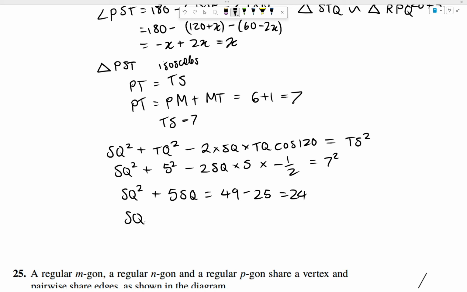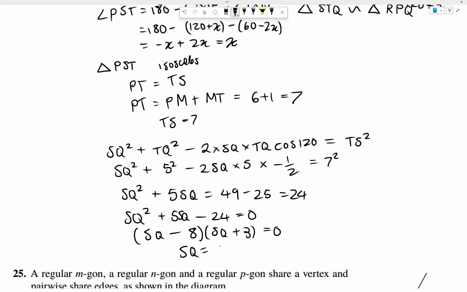So SQ squared plus 5SQ minus 24 is 0. And then we can factorize this to (SQ minus 3)(SQ plus 8) is equal to 0. And because SQ is a length, it has to be positive. So SQ is, oh, sorry, the other way around. So SQ is 3. Yeah, plus 8, yeah.